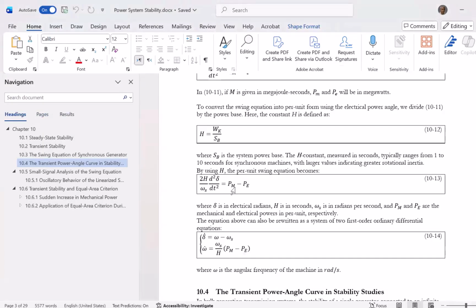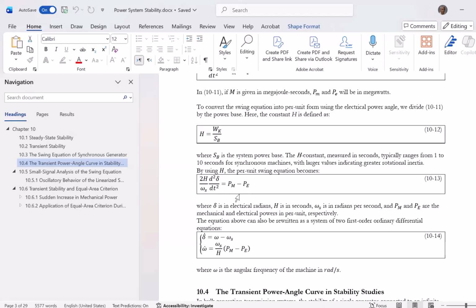When, for any reason, you're pushing more mechanical power, let's talk about a steam turbine. Your electric system is getting whatever megawatts it requires, say 10 megawatts. There is no change in the requirement of the system, but all of a sudden on the mechanical side, let's say you open the valve a little bit more to push more steam into the turbine. So PM becomes greater than PE.